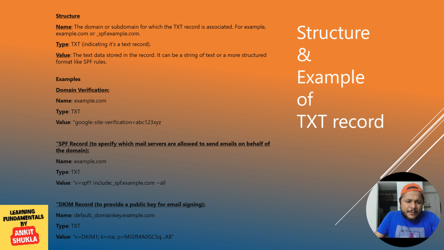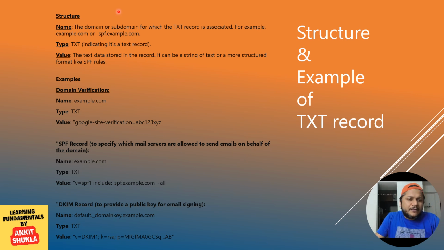Now we're going to talk about the structure and examples of the TXT record. This is the structure of a TXT record. It will have a name, it will have a type, it will have a value. The name defines a specific service or the text value for that domain.